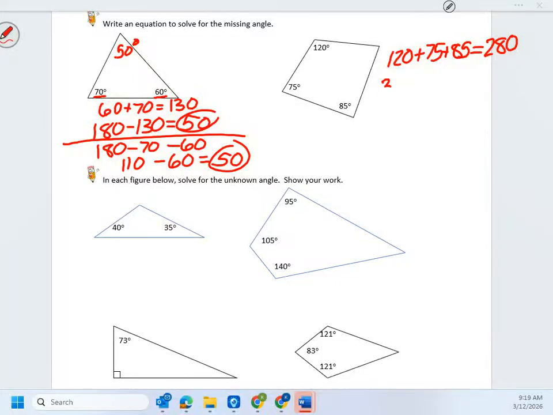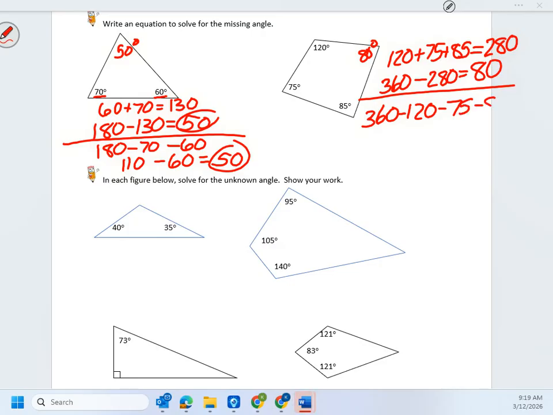Then we take that 360, because remember it's a quadrilateral, it's two triangles. So 360 minus 280, and we get 80 degrees. We could also have started with that 360 and subtract out those three angles. 360 minus 120 is 240.